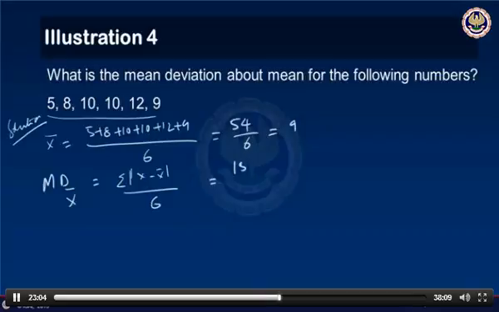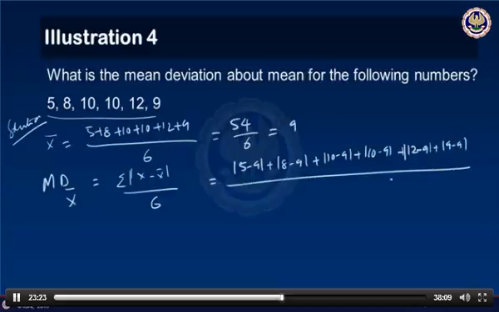Modulus of 5 minus 9 plus modulus of 8 minus 9 plus modulus of 10 minus 9 plus modulus of 10 minus 9 plus modulus of 12 minus 9 plus modulus of 9 minus 9, divided by 6 observations.